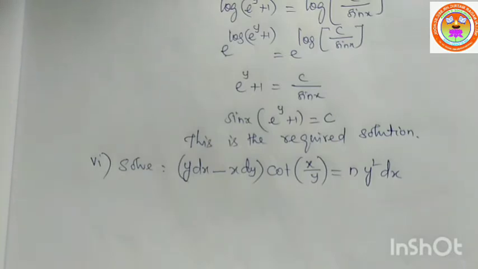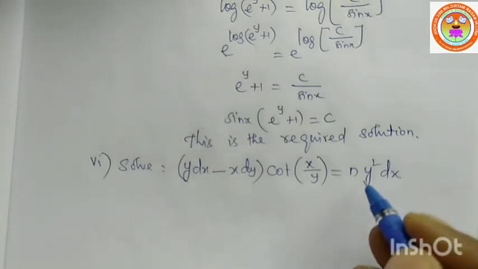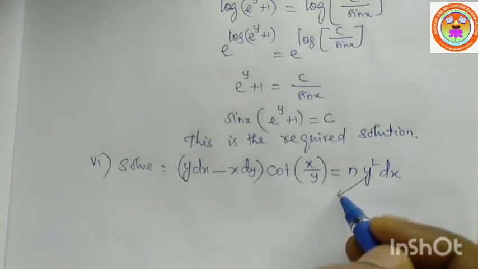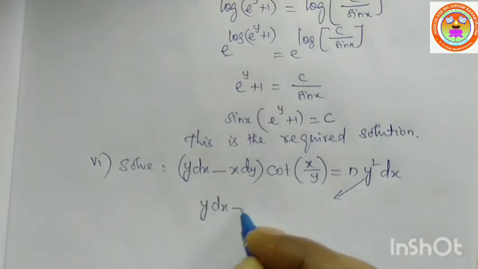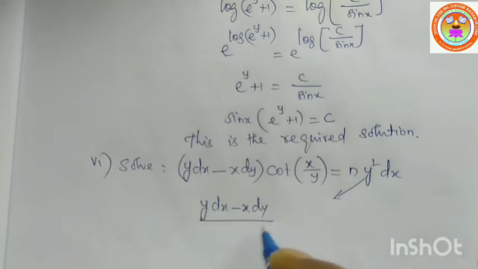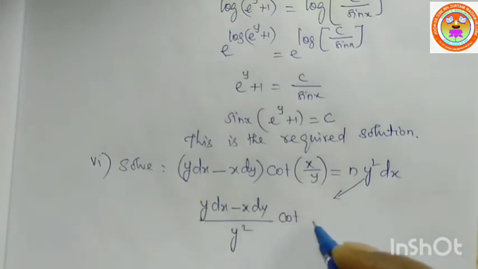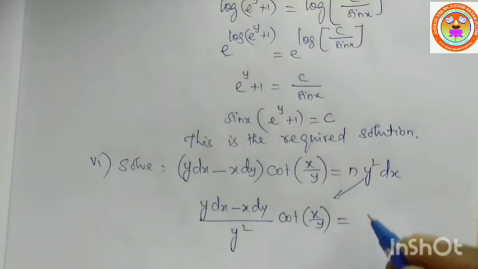So we can separate the variables now. When we bring this y square to the left hand side, we will get y dx minus x dy by y square into cot of x by y is equal to n into dx.